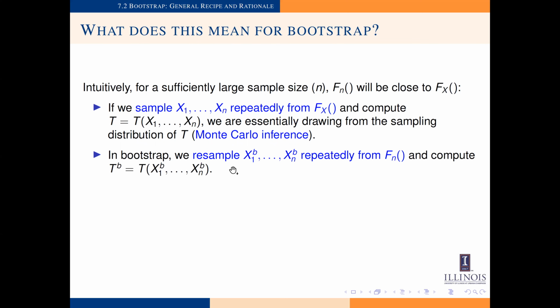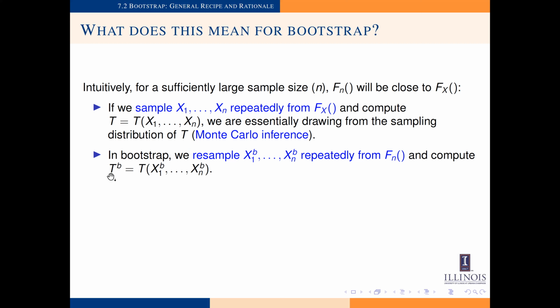On the other hand, in Bootstrap, instead of sampling X1 up to Xn from Fx, we are resampling X1b all the way up to Xnb in each Bootstrap replication repeatedly from Fn, not Fx, but the empirical CDF.